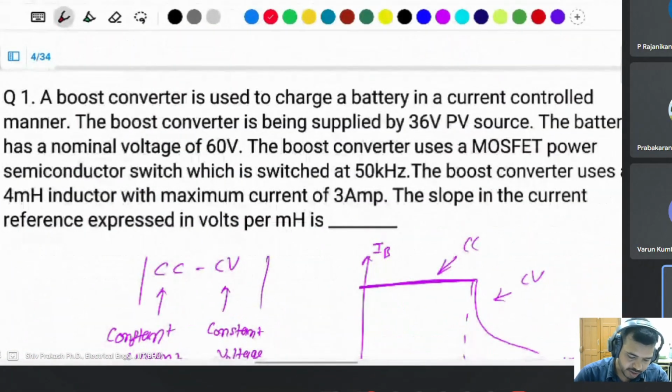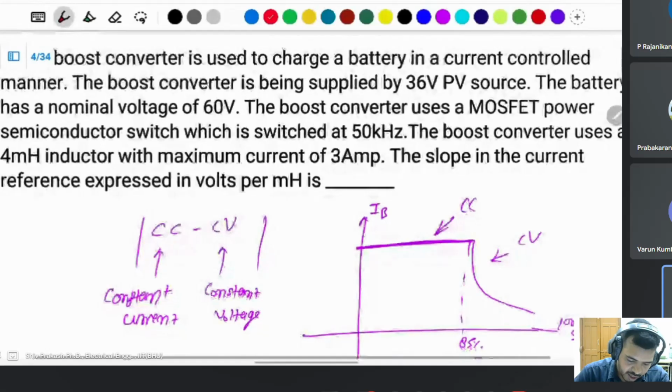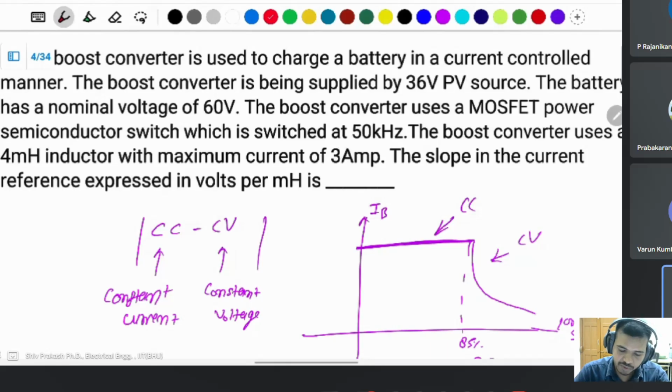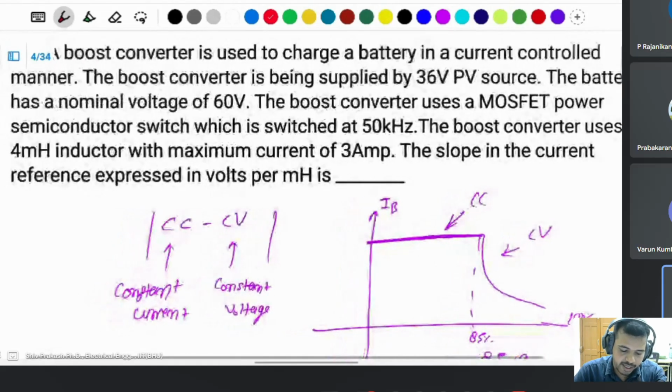Then this question is asking: a boost converter is used to charge a battery in a current controlled manner. The boost converter is supplied by a 36 volt PV source. The battery has a nominal voltage of 60 volt. The boost converter uses MOSFET power semiconductor switches, which are switched at 50 kilohertz. It uses a 4 millihenry inductor with a maximum current of 3 ampere.